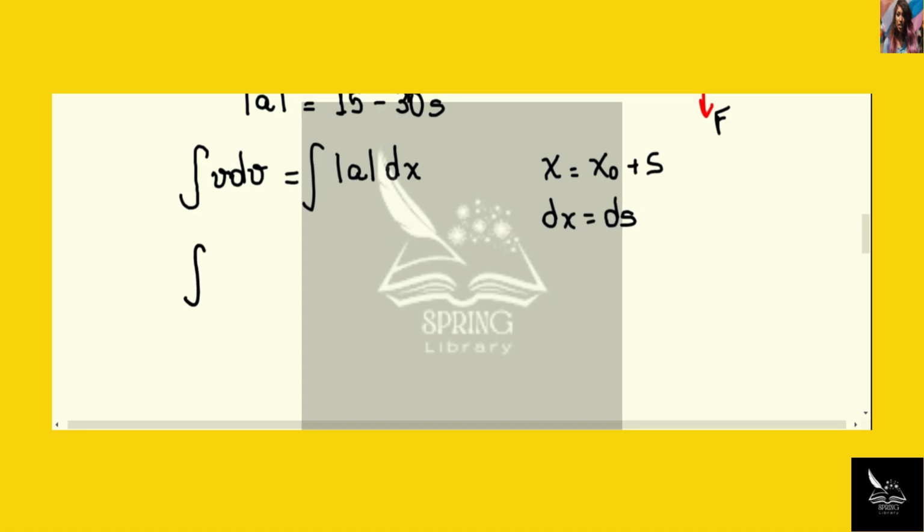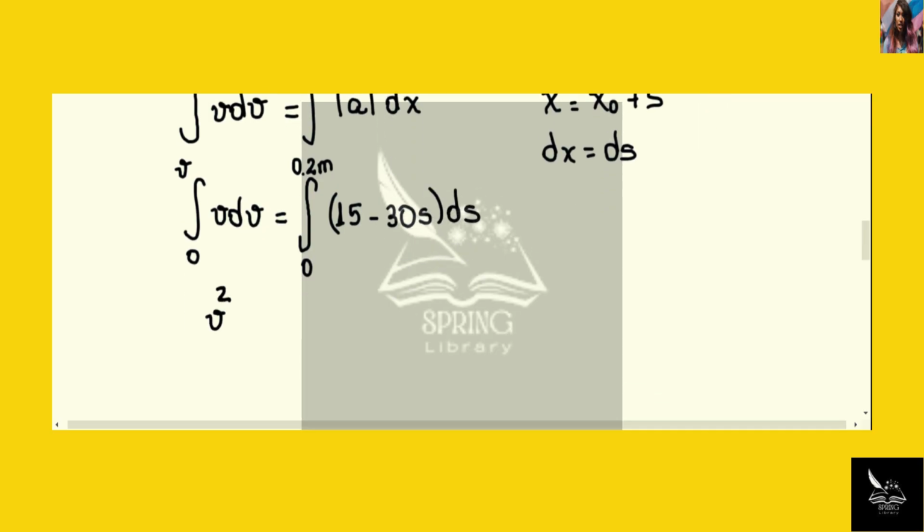So we have the integral of v from 0 to v, since the initial speed is 0 at equilibrium, equal to the integral from s equals 0 to s equals 0.2 meters of 15 minus 30s ds.